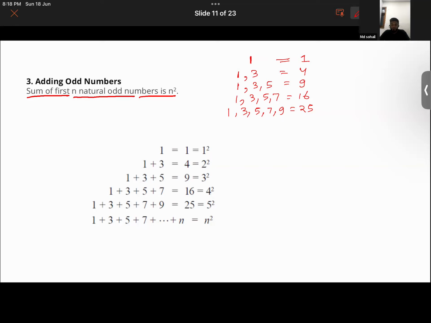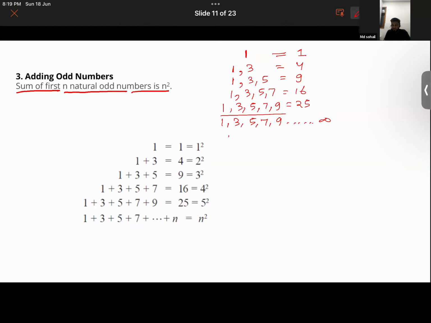Right. So the series can go up to infinity. You can have n numbers, so many odd numbers: 1, 3, 5, 7, 9, up to a given n number.